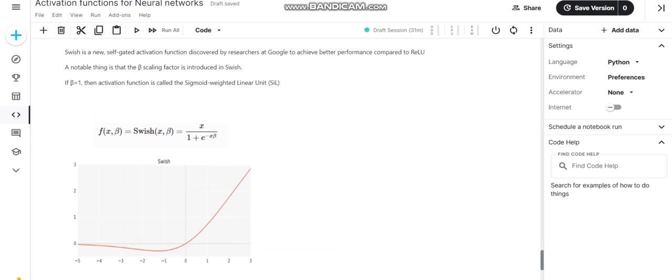So swish is very similar to a sigmoid function, but it has a beta, which is basically a scaling factor. It has been released by Google fairly recently, and in comparison to ReLU, it gives better performance in some cases. This is the function, and this is how the graph looks like.